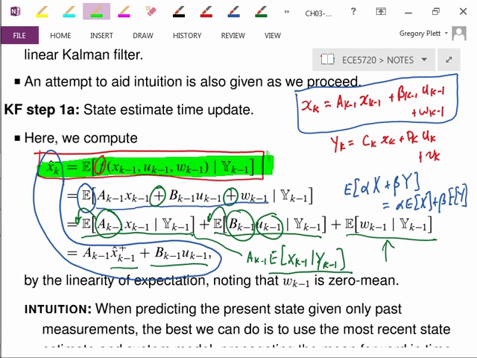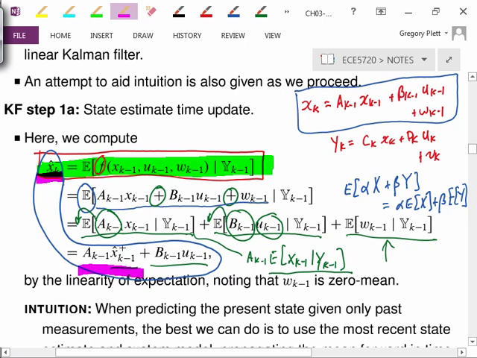We need to be able to expand that out or simplify it and write it in terms of what that thing really means. And that's what we're going to have to do for all the Kalman filter variations we look at. And for the linear model, we find here that we implement the prediction as this equation right there, and that is something that we can write a computer program to implement.